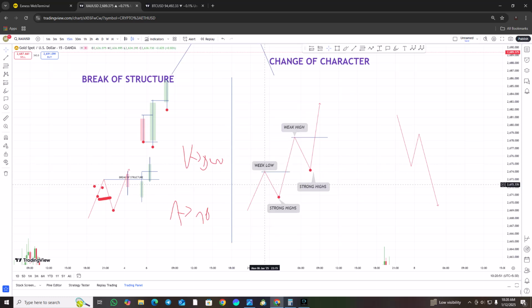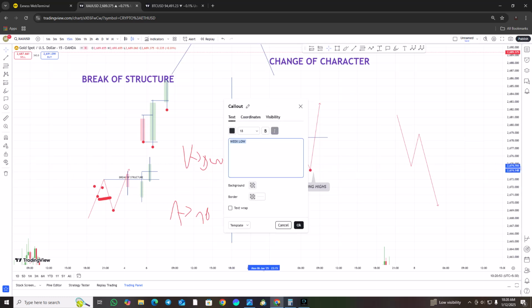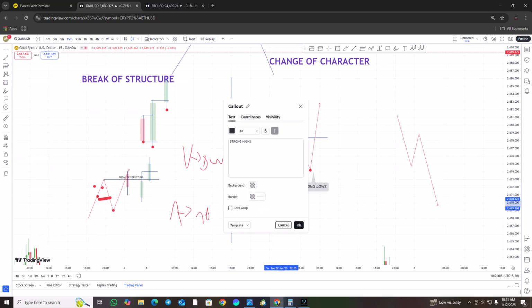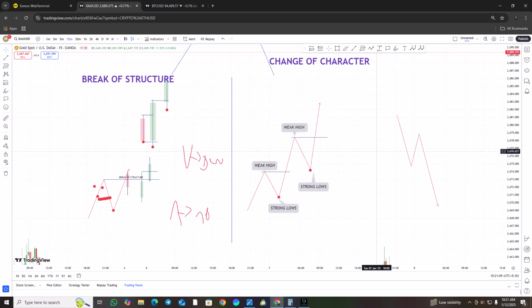We are traders, we are looking for only weak low and weak high. Spelling was wrong. Weak high. Then strong lows. You know why this is strong lows? Because the market is not breaking the lows, only breaking the highs.